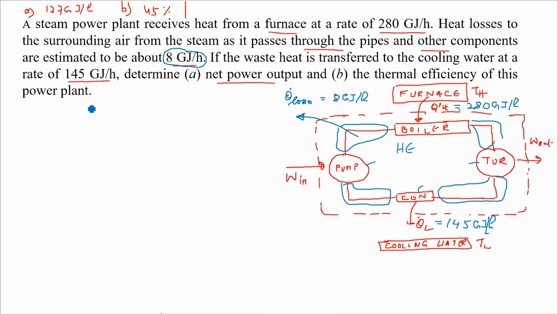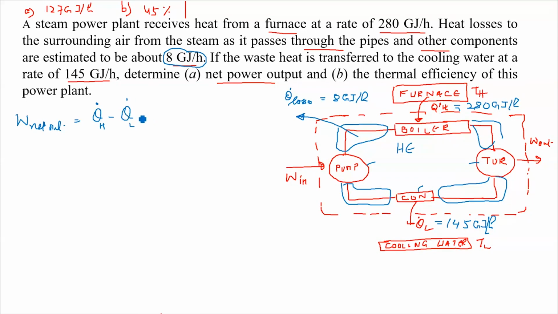Now, if you remember, the net power output, work net out, is essentially Q dot H, which is coming into the system, minus what is moving out of the system. There is Q dot L which is moving out of the system.